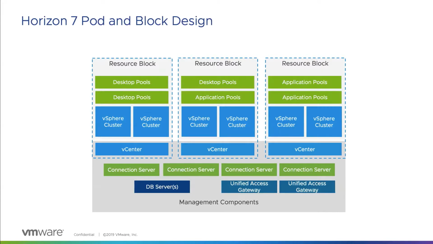Christopher has a question. Is a Horizon 7 pod different from the cloud pod architecture? No, it's exactly the same. A cloud pod architecture is basically an architecture which connects the user to different pods.